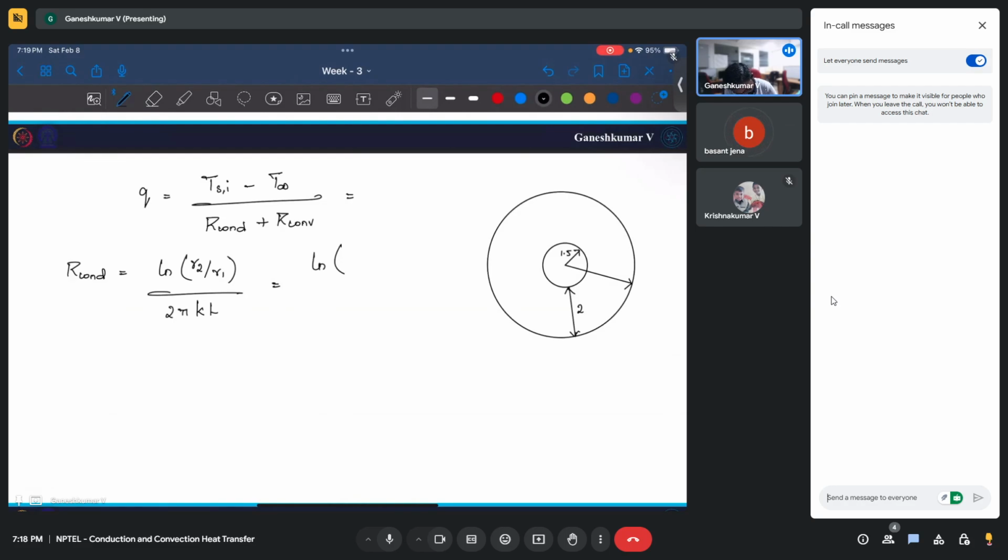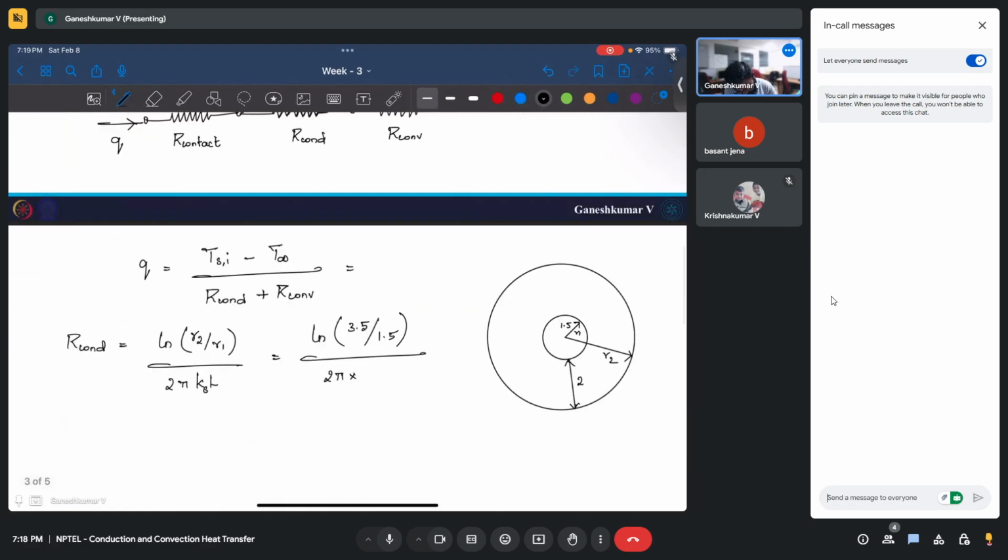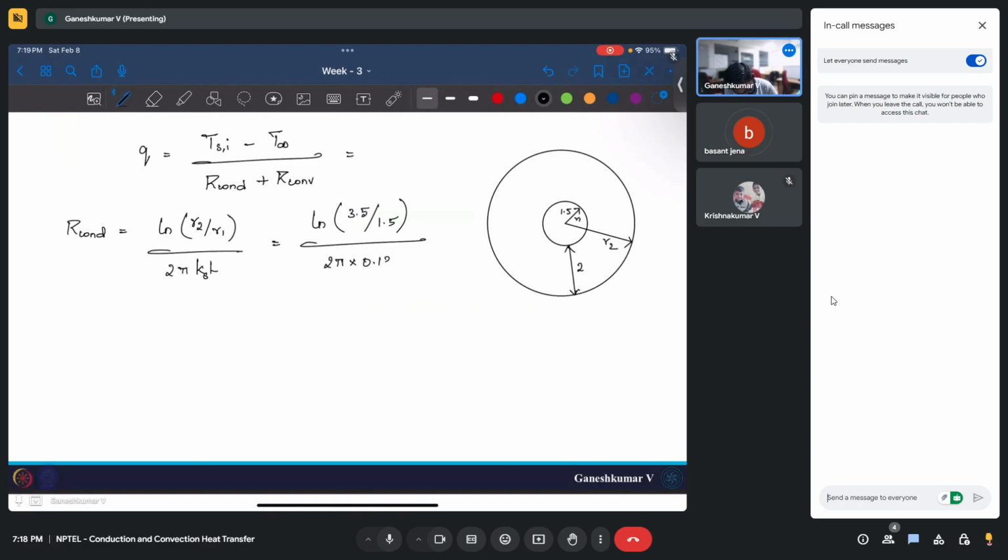This is 1.5 plus 2. This is R1, this is R2. So this is 3.5 divided by 1.5, divided by 2 pi into Ks. Ks would be 0.13 times L. L we need not find, we will just keep it like that.